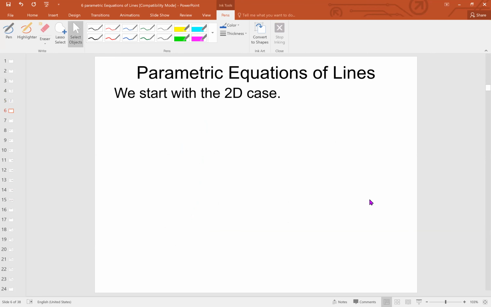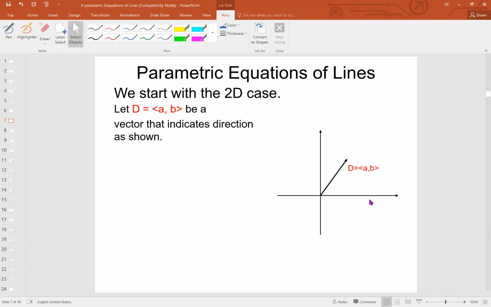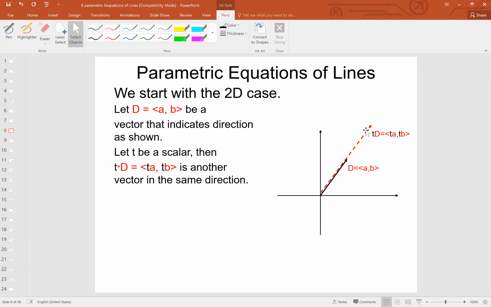The second thing is how to describe a line passing through the origin. If I have a vector d, where d stands for direction, and I want to express all the points on this line in the form of vectors, that's just t times d, where t is a scalar.